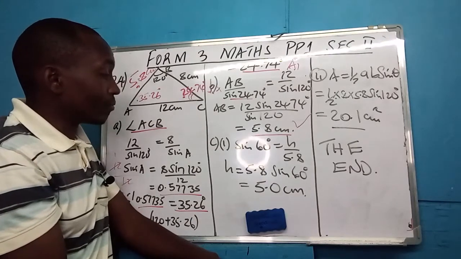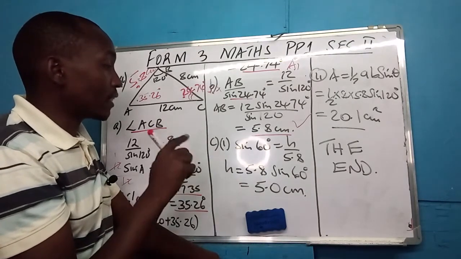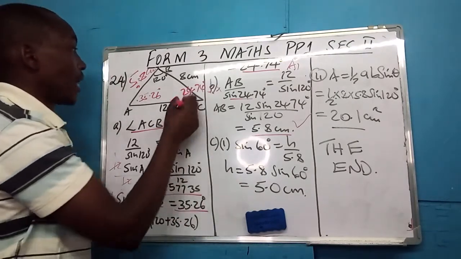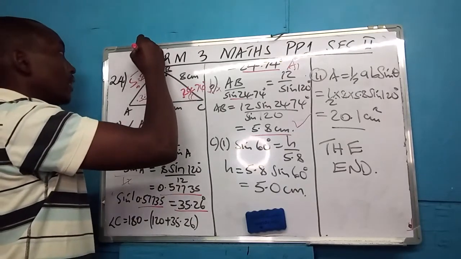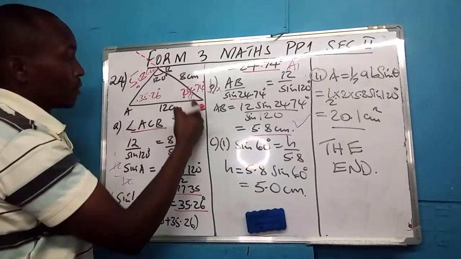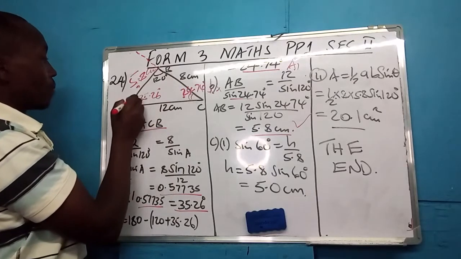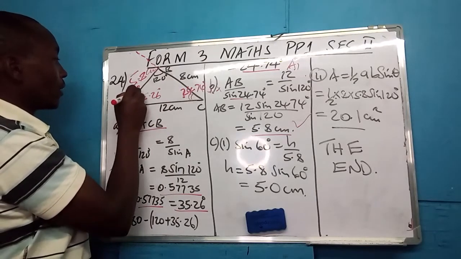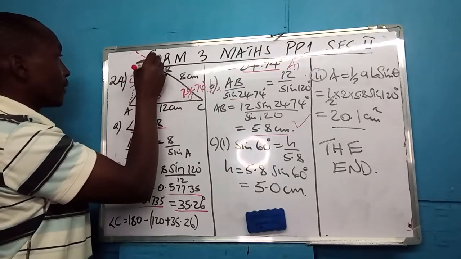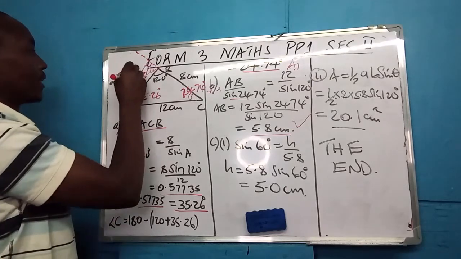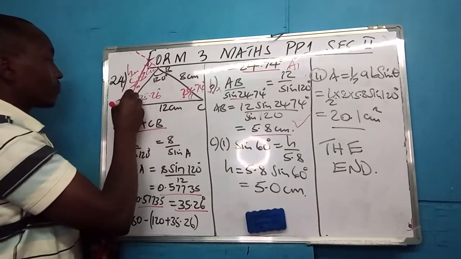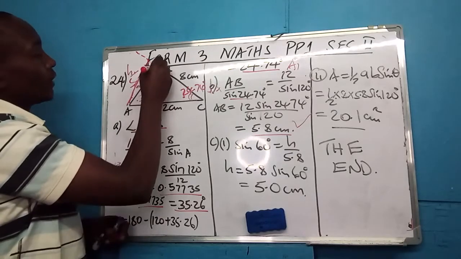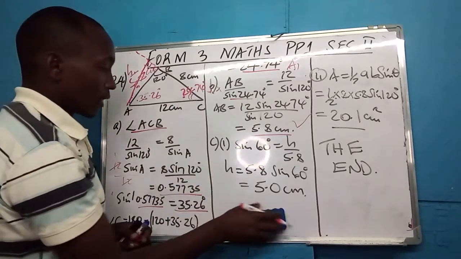Good, we go on. We take AB as the base. I'm asked to work out the perpendicular height. So with that, I need a triangle that looks something like this.